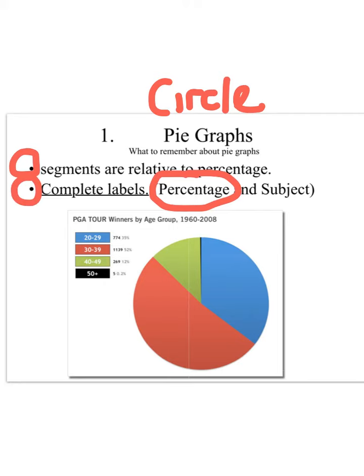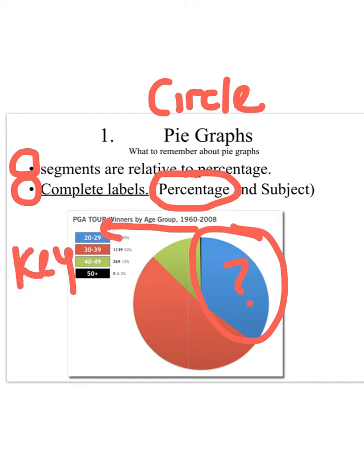If you have a category that's 50%, it should look like half the circle. It shouldn't look like just a part of the circle. And also, you want to include your labels, because if you don't have labels, then how do I know what this stands for? Now, these people here put a label over here by making a key. Again, we will practice these in class.